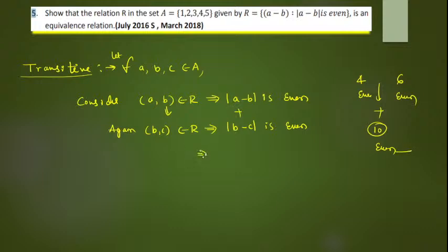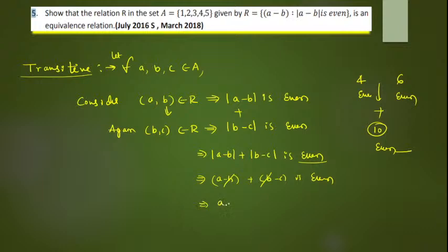This implies modulus of a minus b plus modulus of b minus c is an even number, right? Now their addition will also give you an even number. According to this, I can write simply a minus b plus b minus c is an even number. Here minus b plus b will get cancelled.